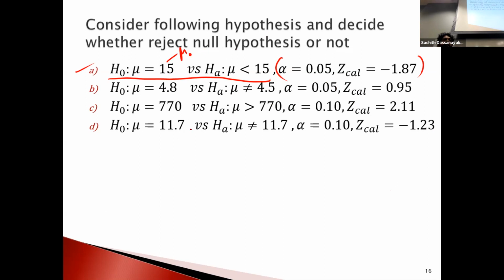H naught is always equals your mu naught. HA has three cases: not equal to mu naught, less than, greater than. Based on these we have 2 cases, sorry, not 3 cases. Clear?